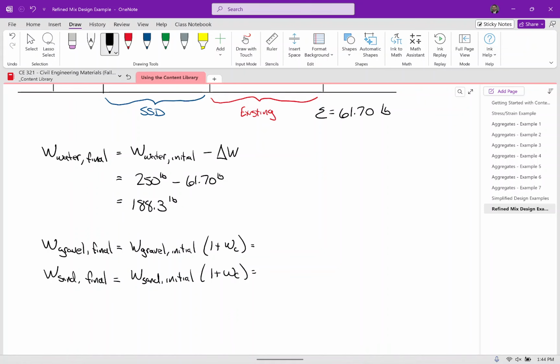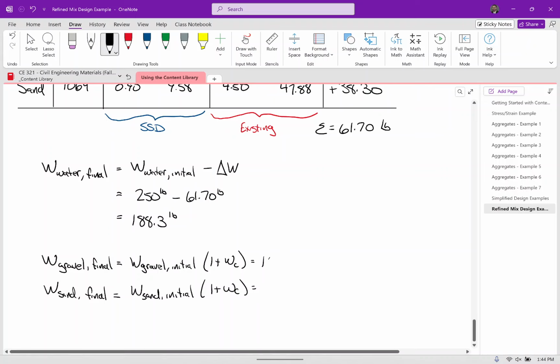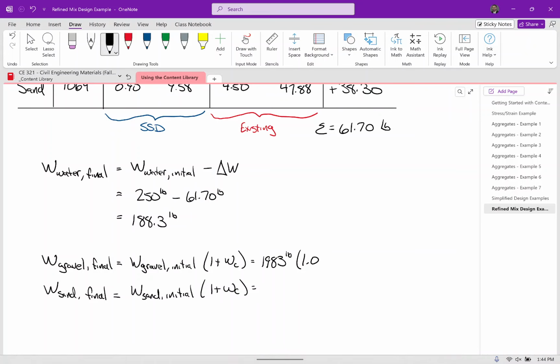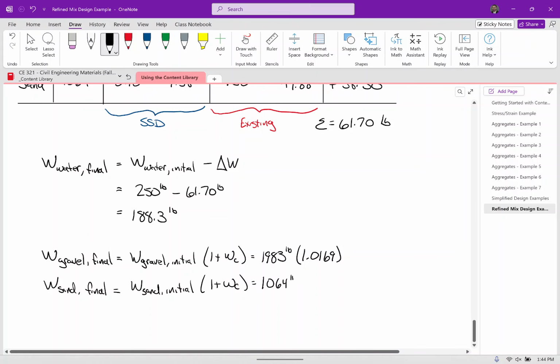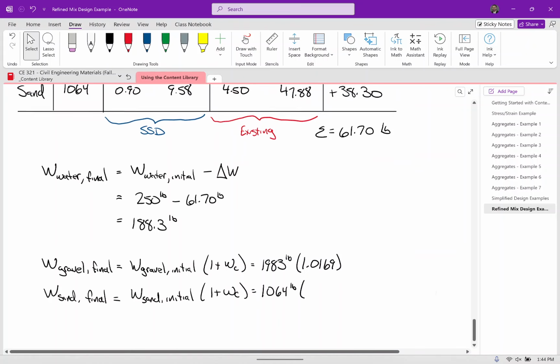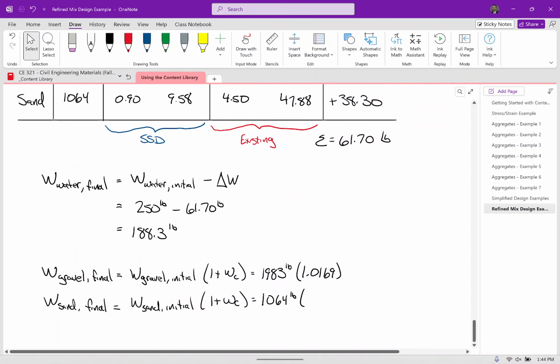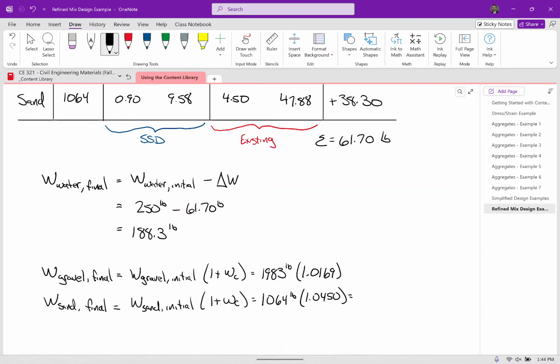So essentially what we're going to do is take 1983 times 1.0169, and 1064 times 1.0450. In other words, this was 1.69% moisture content and this was 4.5% moisture content.